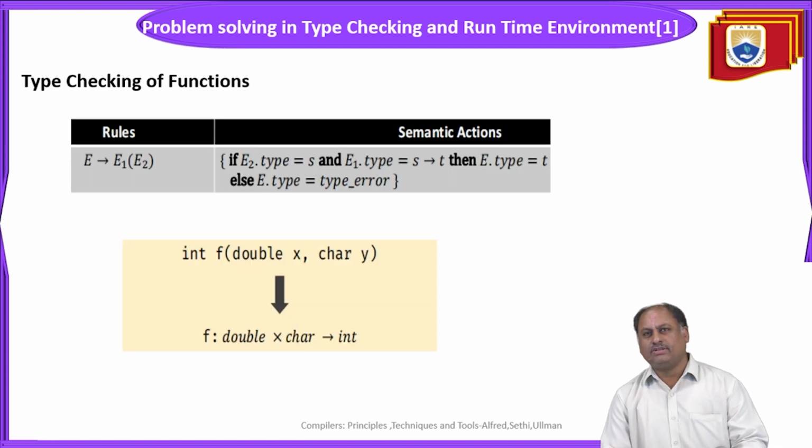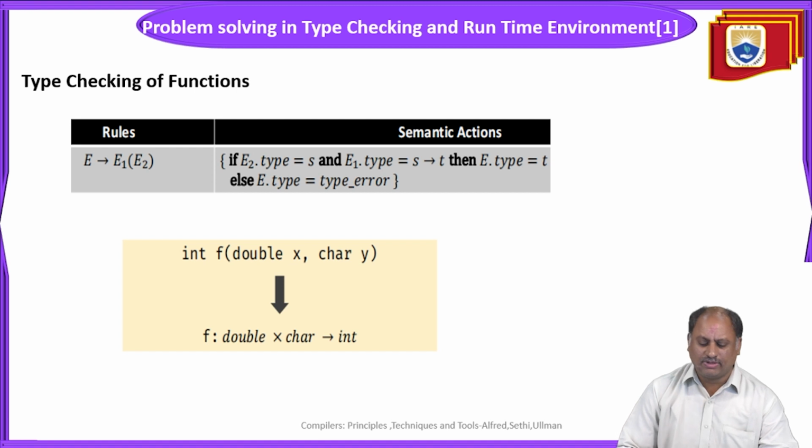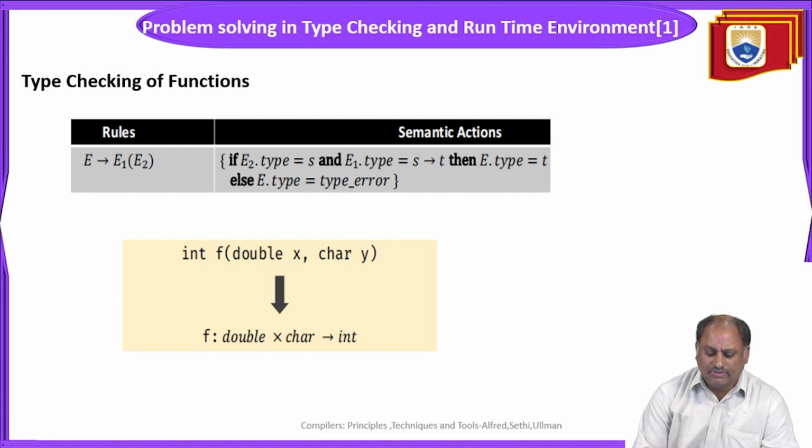Now, how is type checking done for expressions and functions? Here the functions are specified with a list of values. Double x is one parameter, x with the type double, and y is another parameter of type character. Then the function can be verified as x into y, that is double into character.